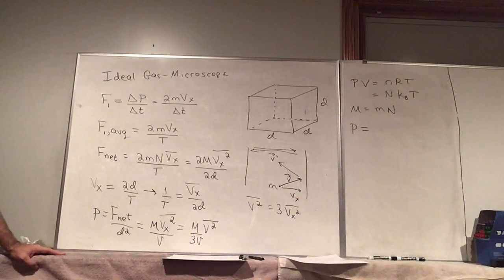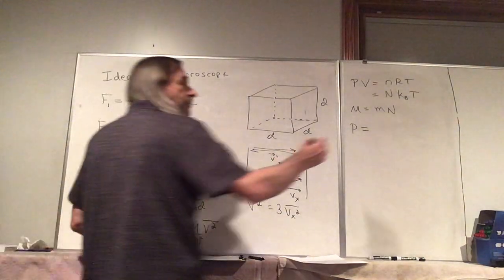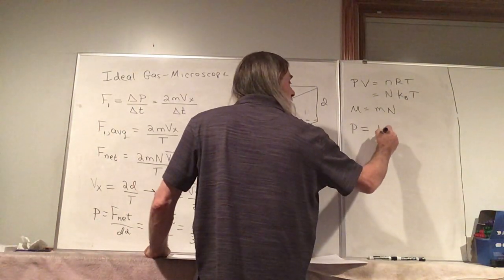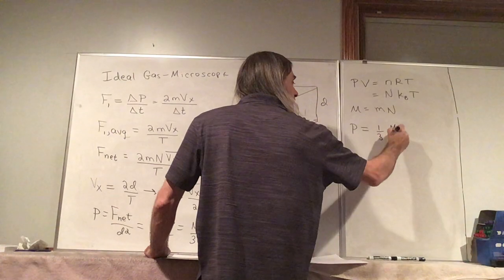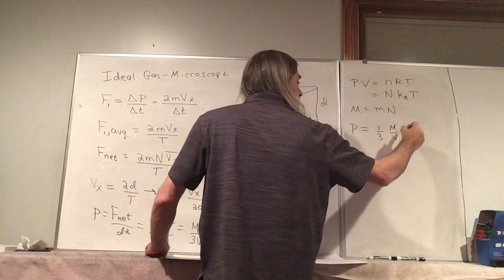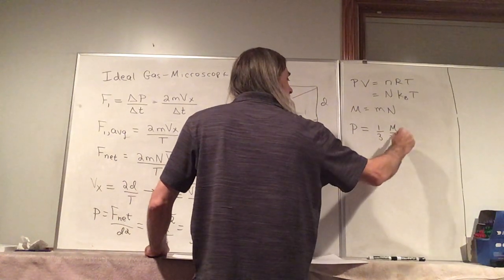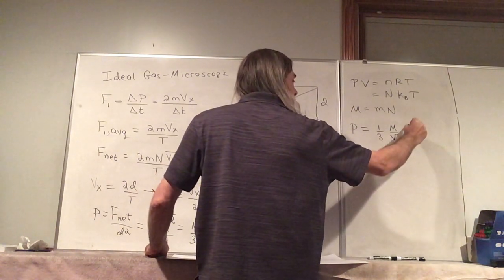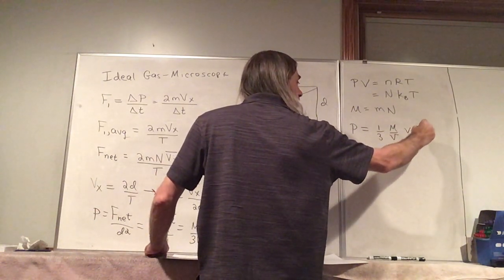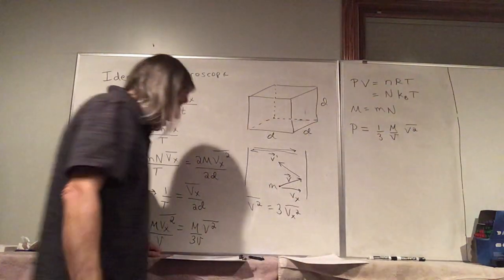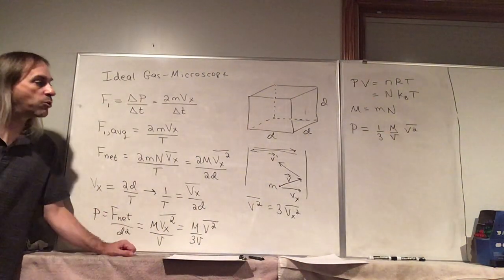We can actually change that a little bit, but I think I'll just write it down this way for now. So pressure is 1/3 times the total mass of the gas divided by the volume, times the average velocity squared.